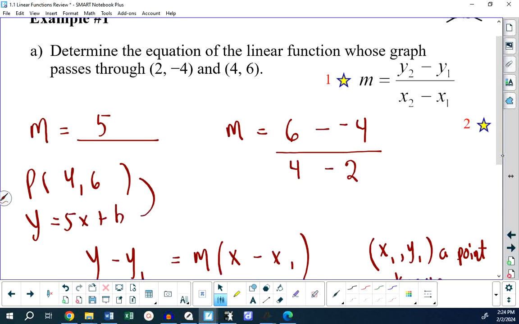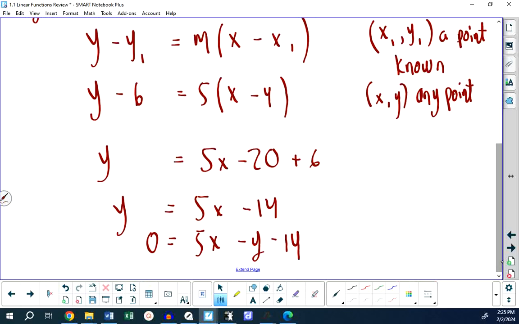You can feel free to put 6 in for y and 4 in for x, and convince yourself you'll still get a y-intercept of negative 14. Okay? But this is the way to go. This is what we want to do. Any questions with A?